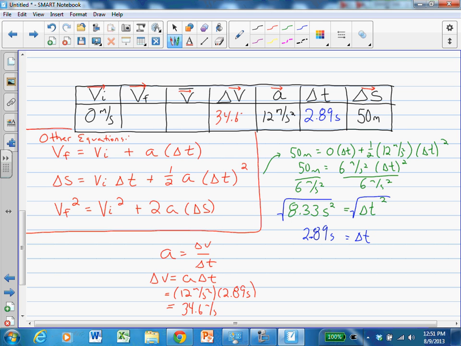Since VI is 0, this is 34.6 meters per second.